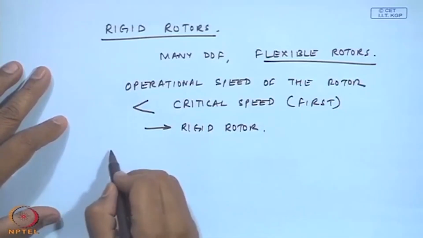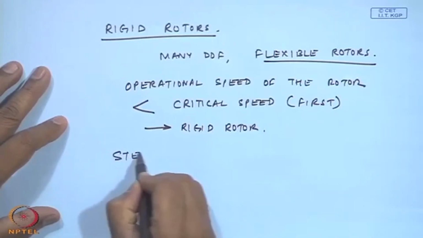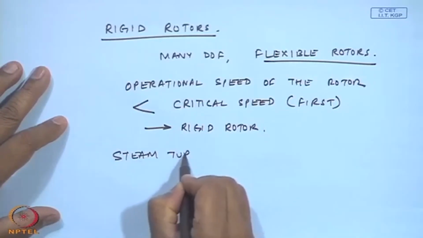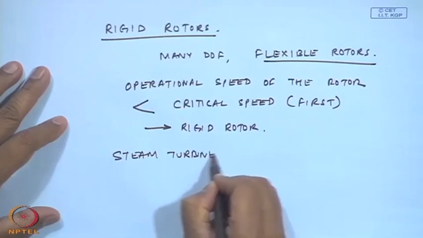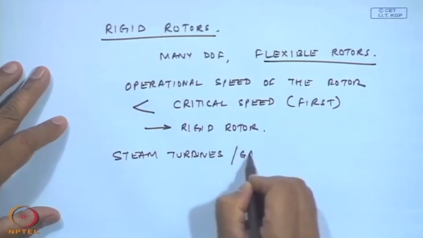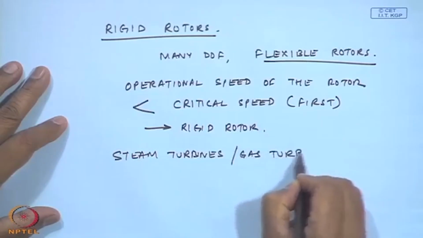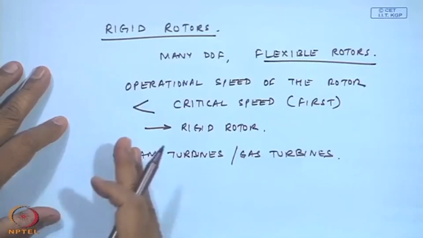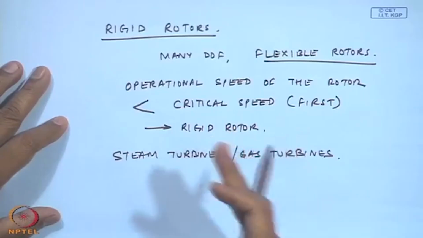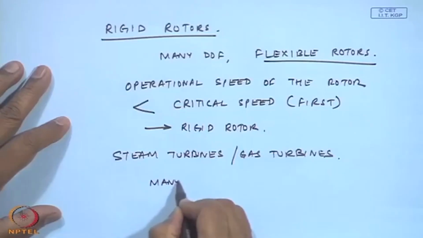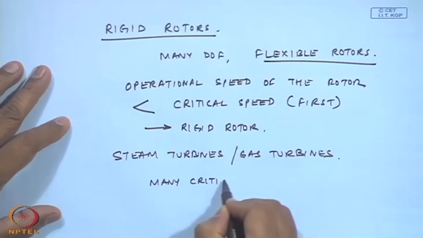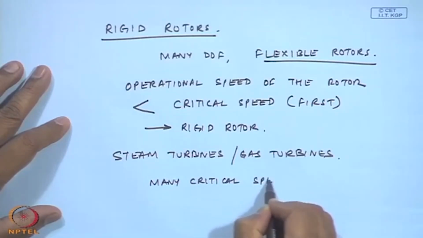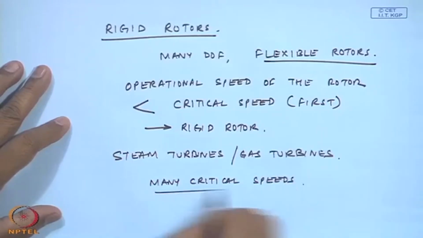But when I talk about steam turbines or gas turbines, where it's a long shaft having sets of compressors, vanes and turbine vanes, these are long shafts, and as you know, there will be many critical speeds. Okay.